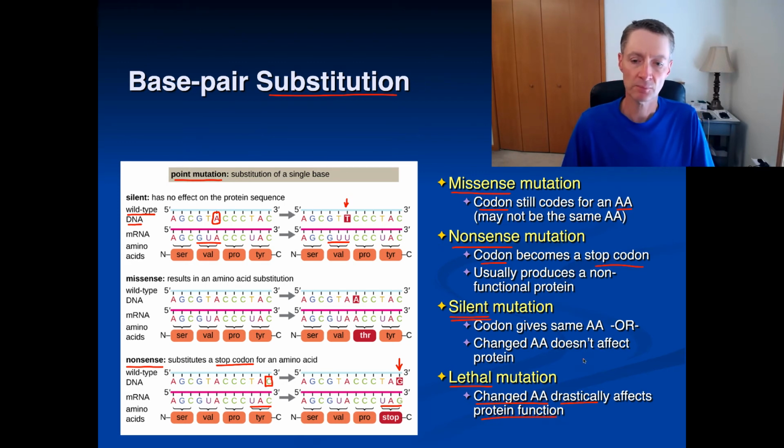So in this particular case, we had a nonsense mutation, and most likely it would be a lethal mutation as well, because these cases where we just chop proteins off like that by putting a punctuation mark in the middle would really affect function.